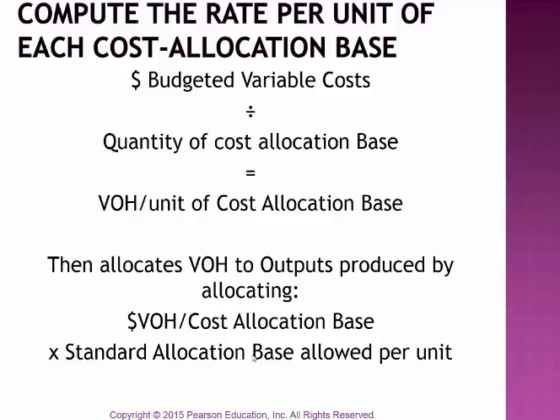All right, so we're going to be using that standard in our calculation. And then multiplying it times the actual units produced. And again, this result that we calculate here is what is going to go in the flexible budget column for our variable overhead cost.